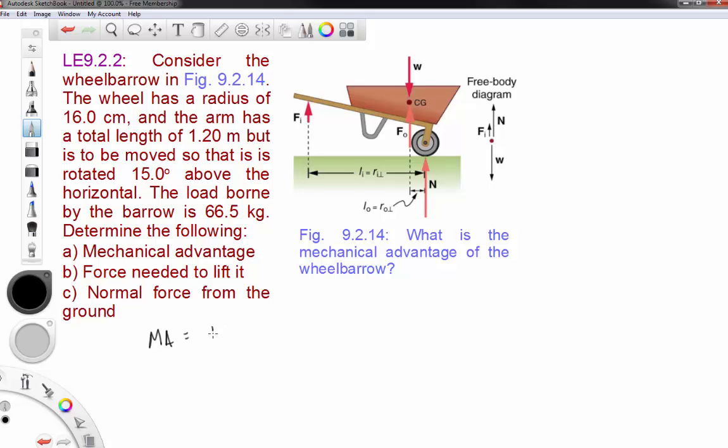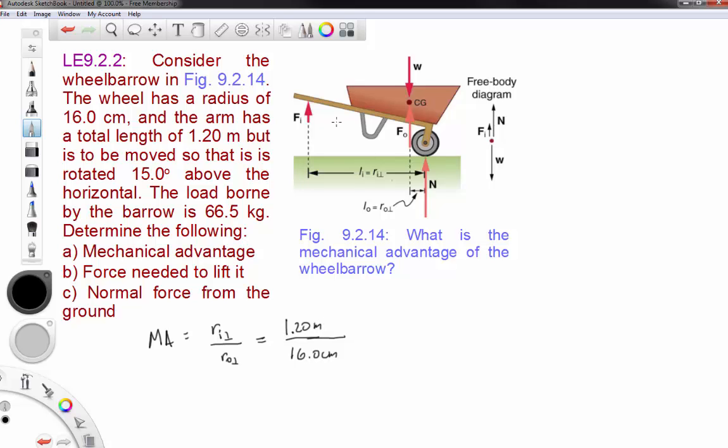That's going to be basically r_I perpendicular over r_O perpendicular. And given the numbers in this problem, what that looks like is that we have 1.20 meters here, divided by 16.0 centimeters, should be our basic mechanical advantage.